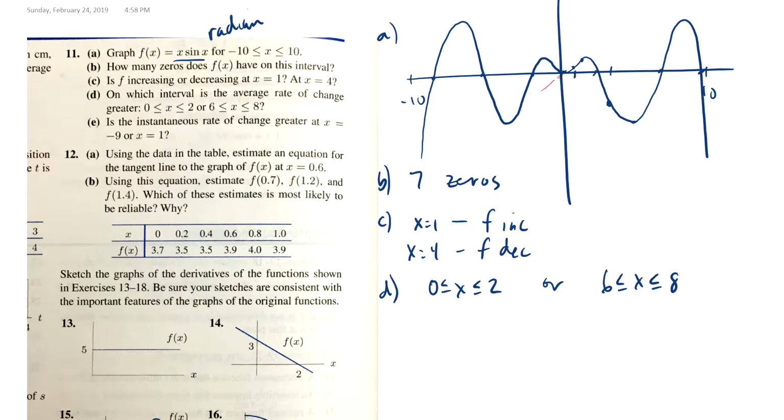The average rate of change is that guy. And from 6 to 8, I'm counting on my scale here. 1, 2, 3, 4, 5, 6, 7, 8. So 6 is about right here. 7, 8 is here. So there's the average rate of change there. So here, the average rate of change is greater.